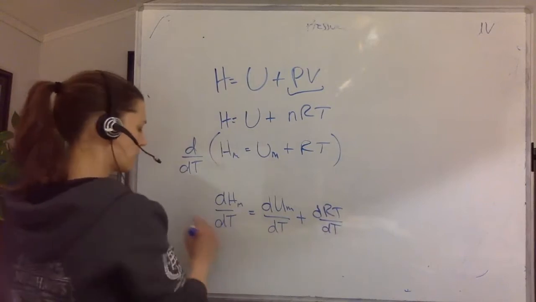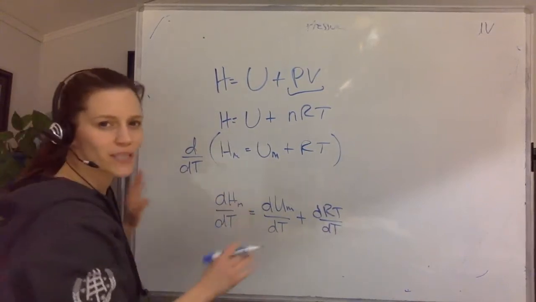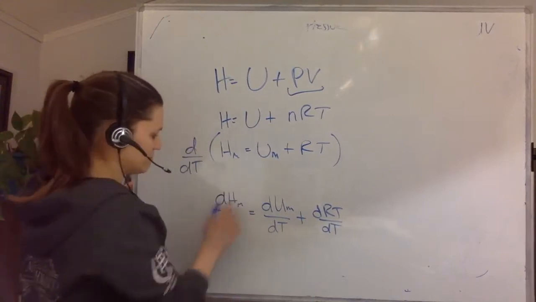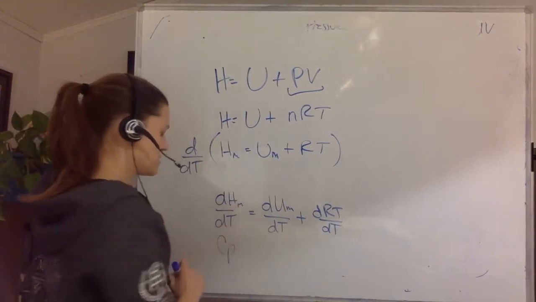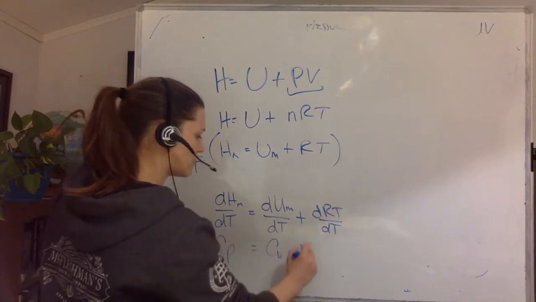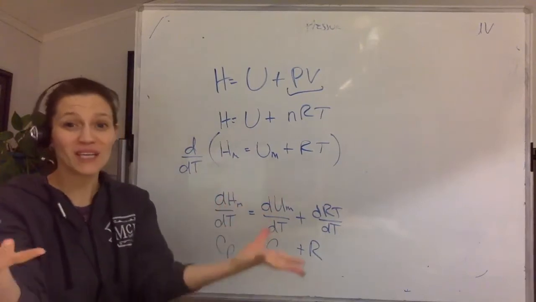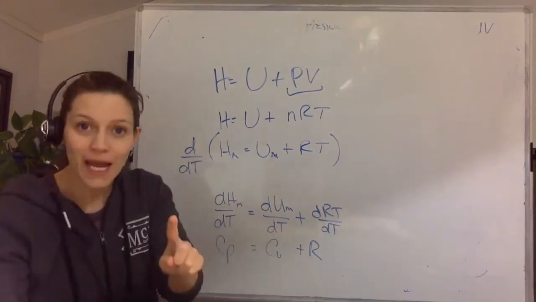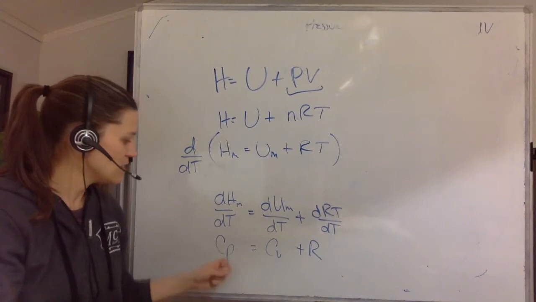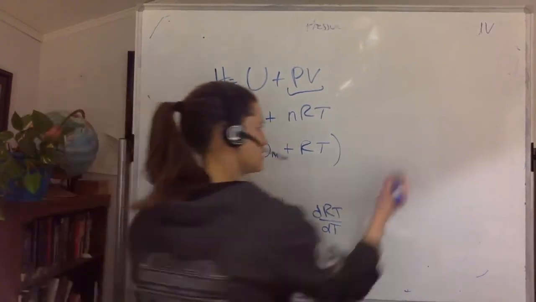Cool. There are a couple of other steps, but you'll see. This is the heat capacity at constant pressure, equal to the heat capacity at constant volume, plus R. Brilliantly awesome. For an ideal gas, the difference between the heat capacity at constant pressure and at constant volume is going to be your gas constant.